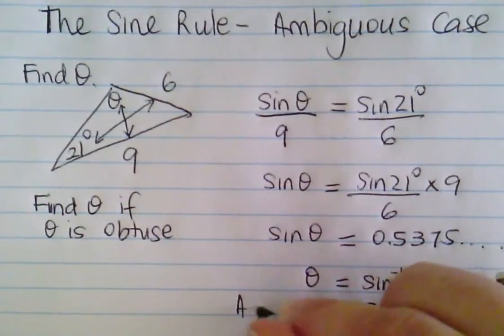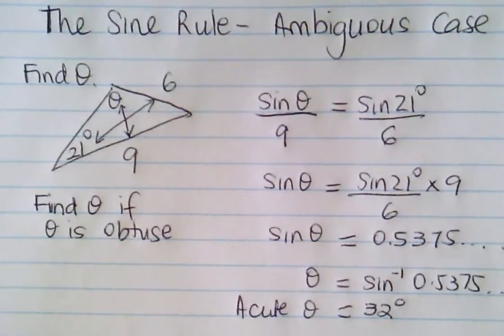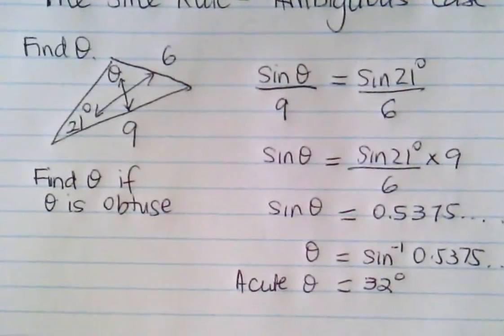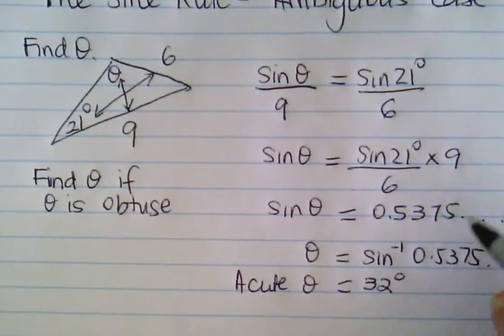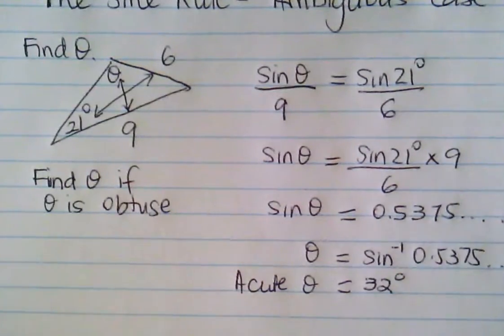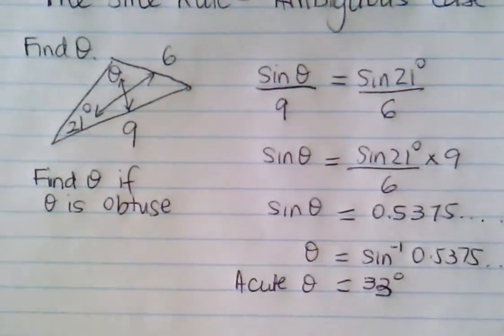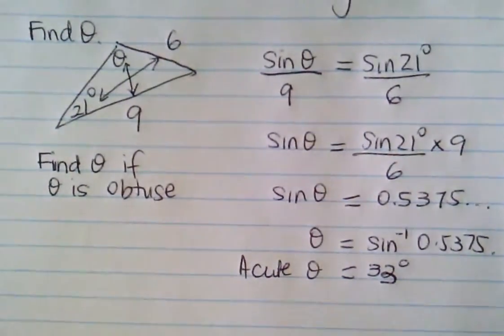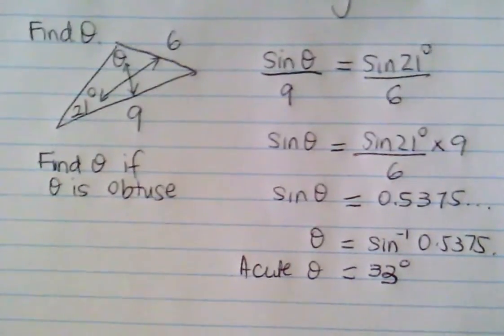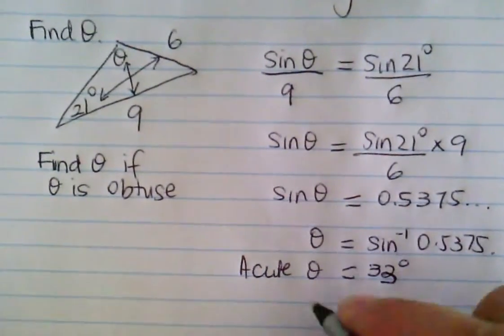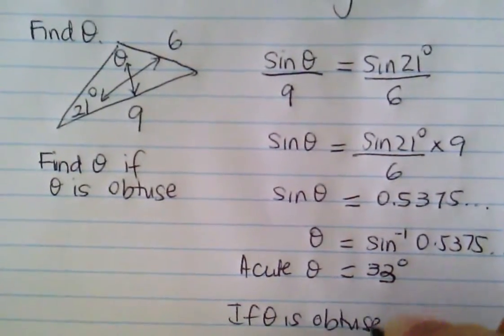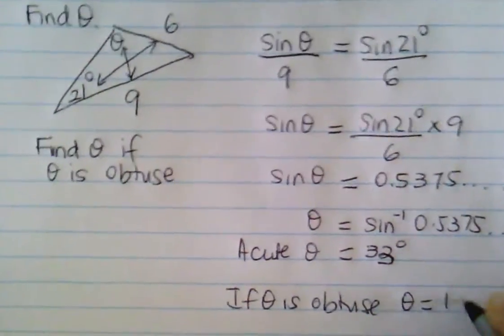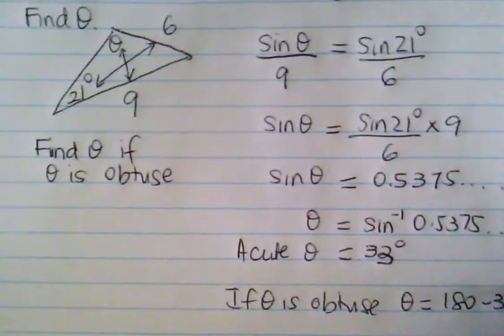So this is the acute angle. If theta is acute, it would be 32. 33. Oh, someone said 32.00. All right, so it's 33 degrees, yep. So girls, if theta is obtuse, that's quadrant 2. Isn't it 180 minus? So therefore, if theta is obtuse, you just do 180 minus that angle.